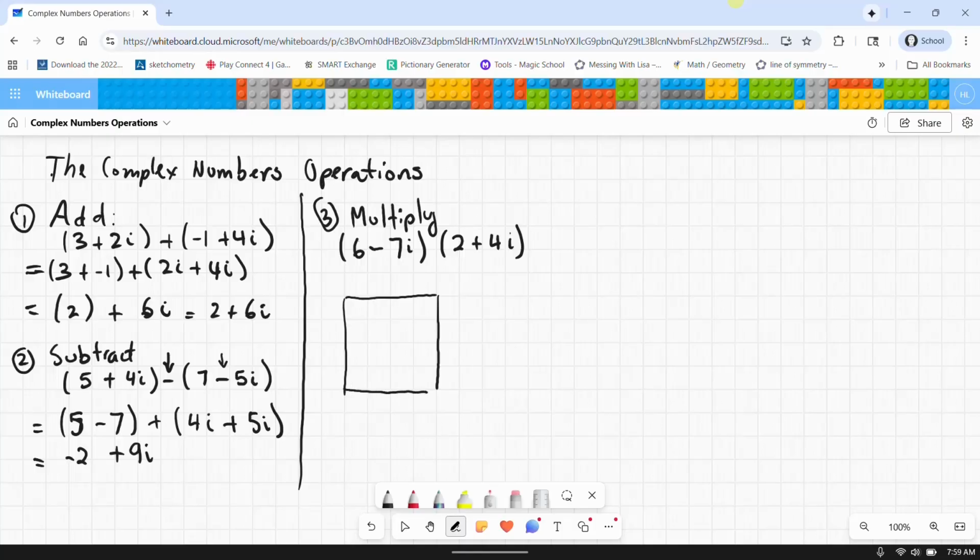Here I'm going to draw a 2 by 2 box. I'm going to put the numbers from one group to the side, and the numbers from the other group to the top of the box.